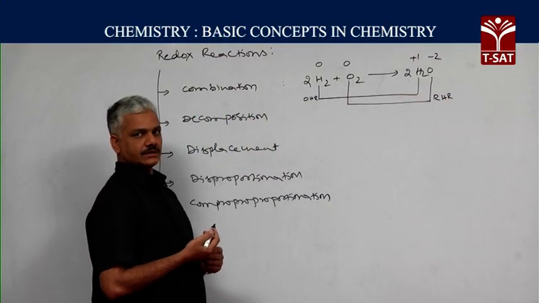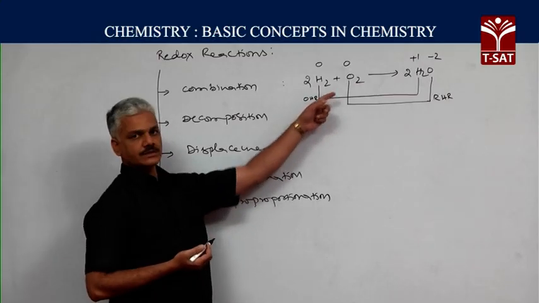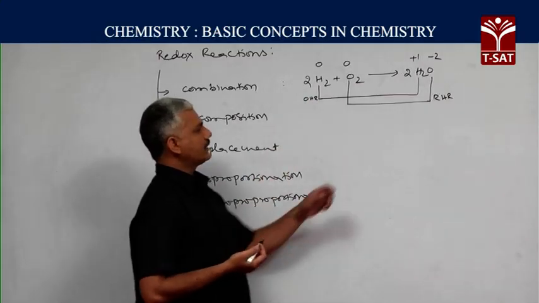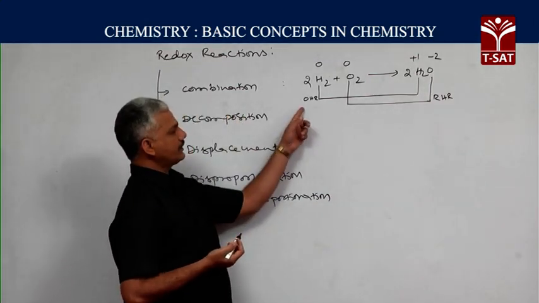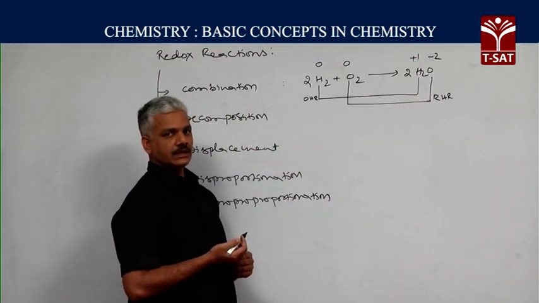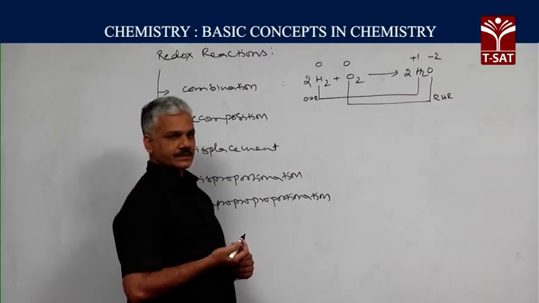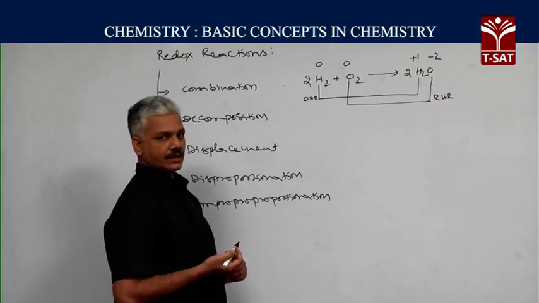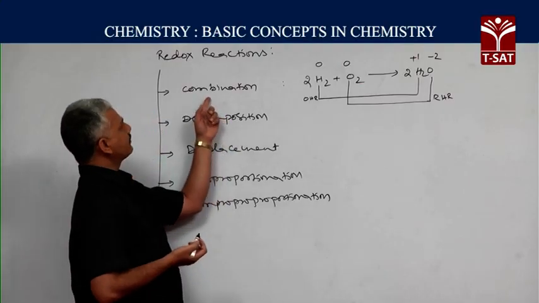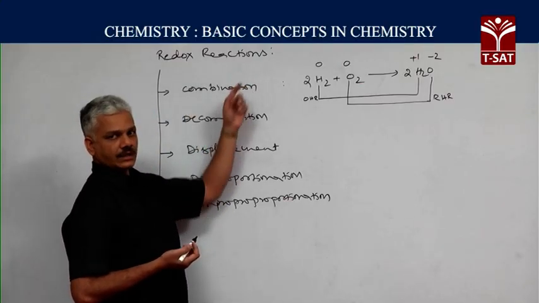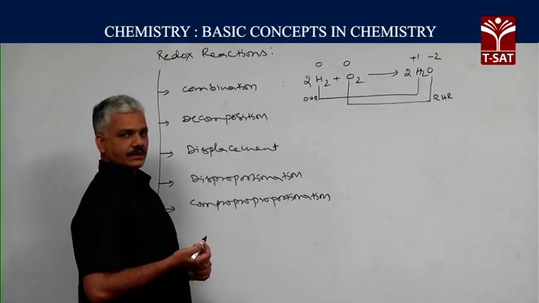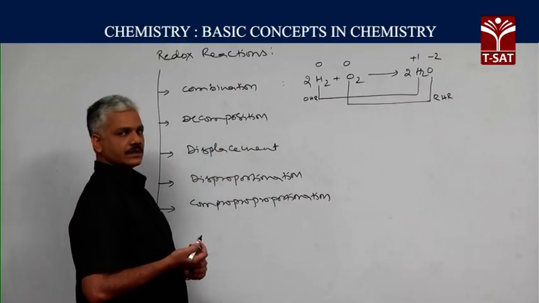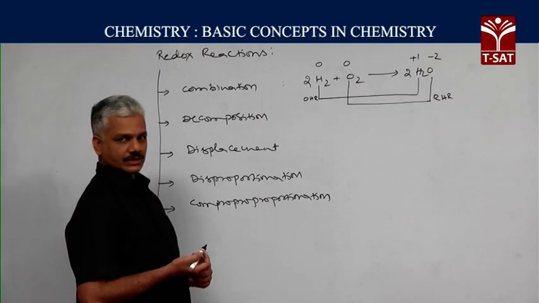In this reaction, two elements hydrogen and oxygen are combining together to form a molecule water in which both oxidation and reduction reactions are taking place. This type of redox reaction is called as a combination redox reaction. Then decomposition redox reaction is quite opposite to combination.